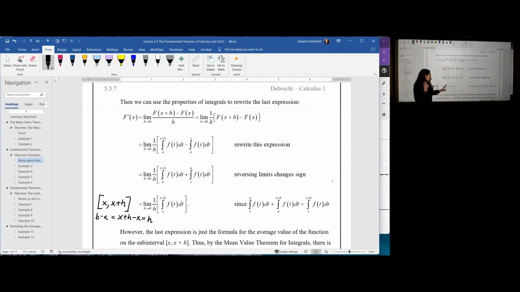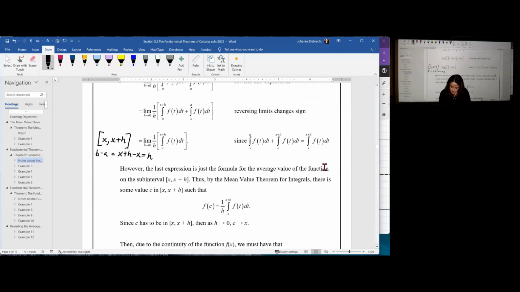In other words, the 1 over h times that integral is actually the average value of the function over this small interval from x to x plus h. This part right here represents the average y value on the interval from x to x plus h.